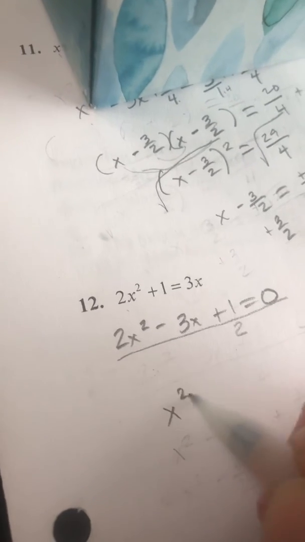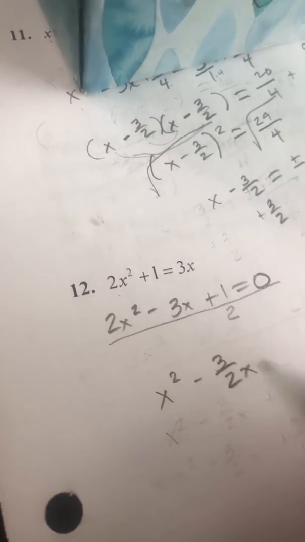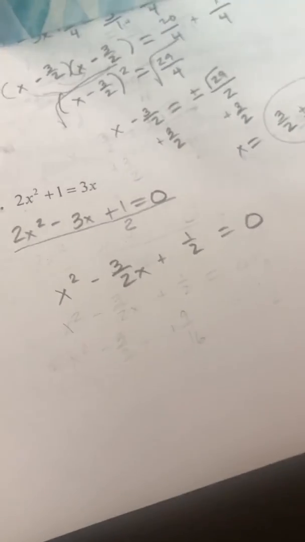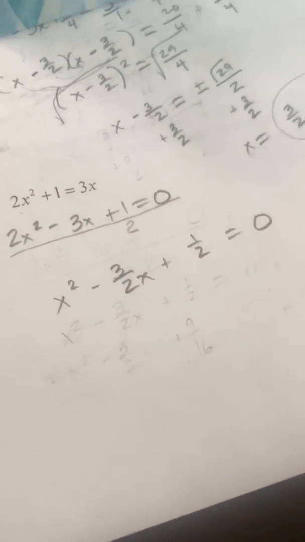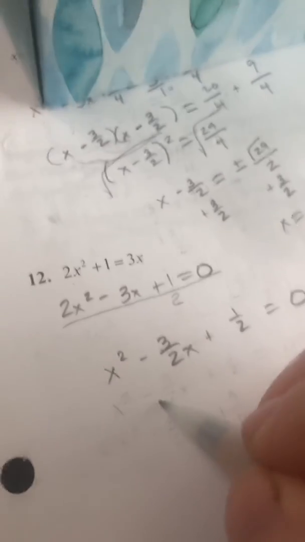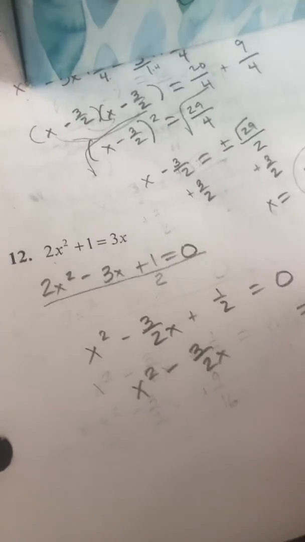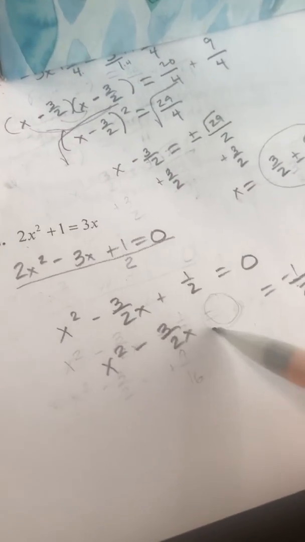So that's going to give me x squared, minus 3/2 x, plus 1/2, equals 0, because 0 divided by 2 is still 0. So now I have to move my c over, and I have to add my mystery number. So I have to take half of b.